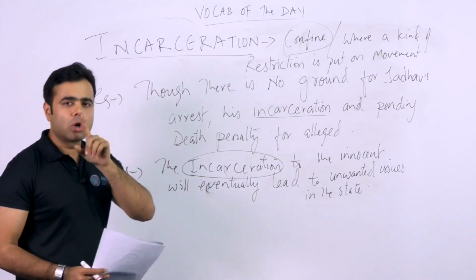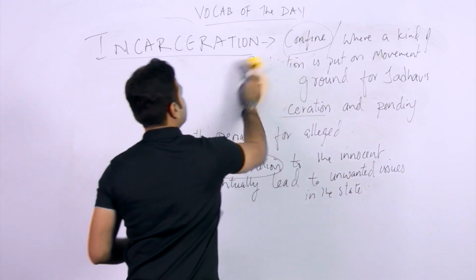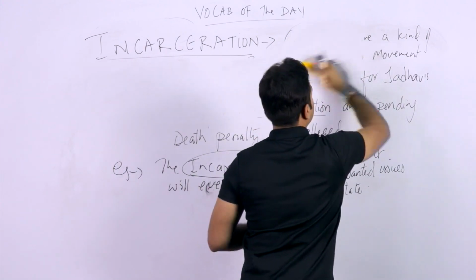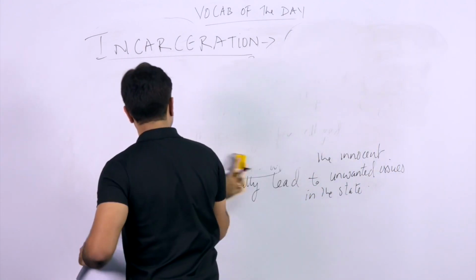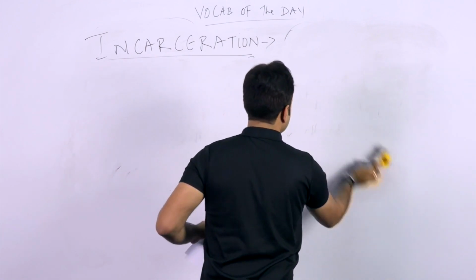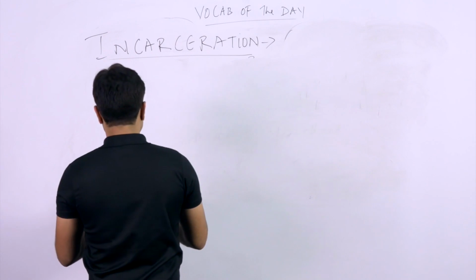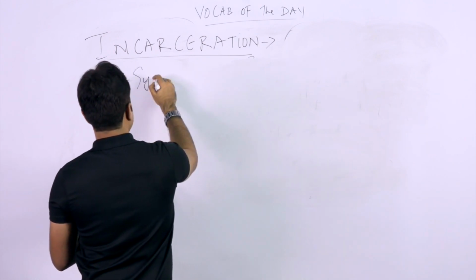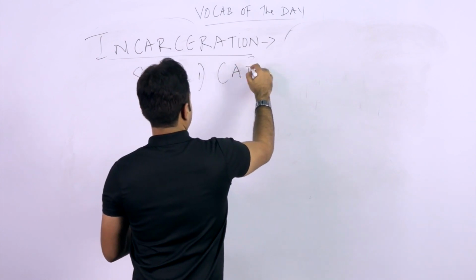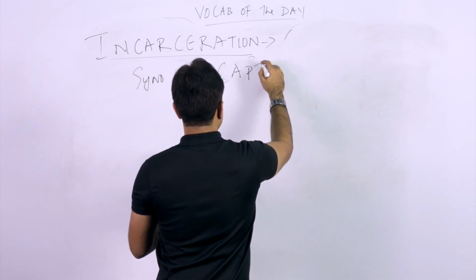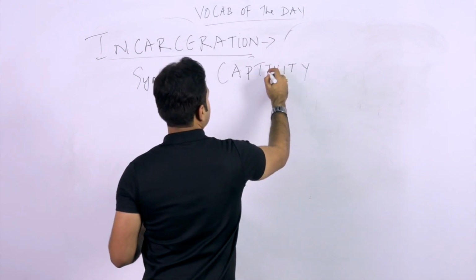So let's proceed and talk about the synonyms, so that you can understand. The meaning is confine or restrict someone, and what other words can we use for this particular word? I'll write the words. Students, take it down again. The words you can use for incarceration: the first synonym is captivity.